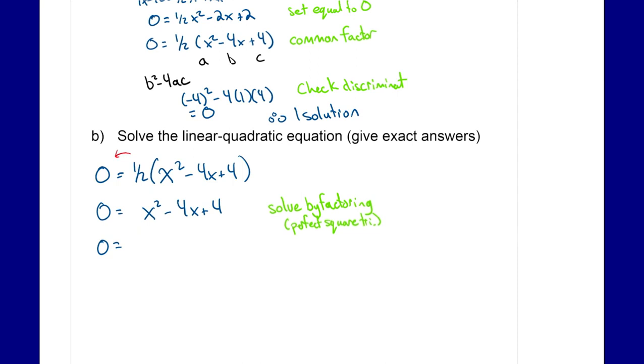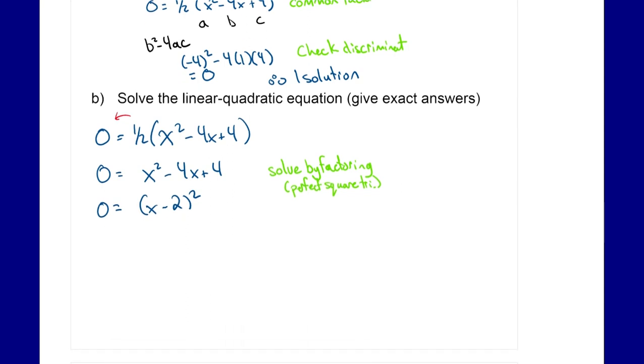If you recognize the type of quadratic it is, and it is easy to factor, in this case x minus 2 squared, it's a lot easier than just using the quadratic formula.